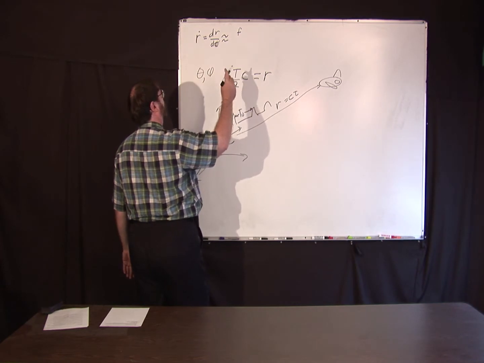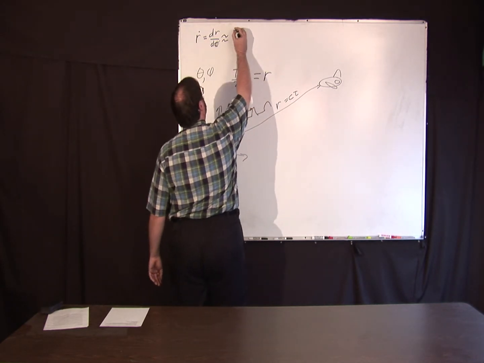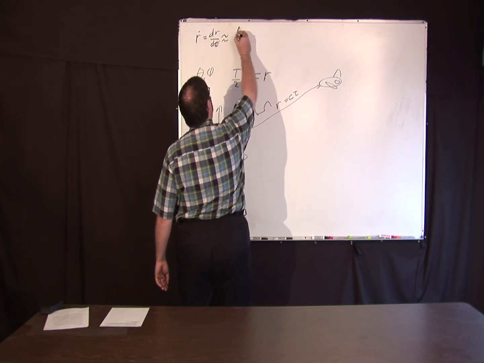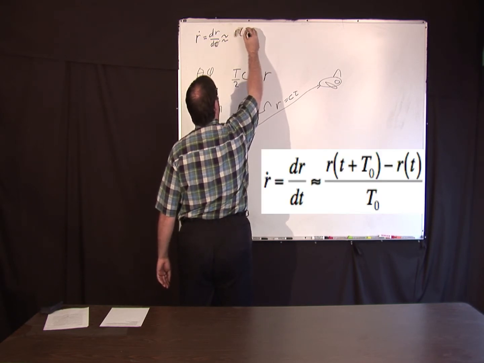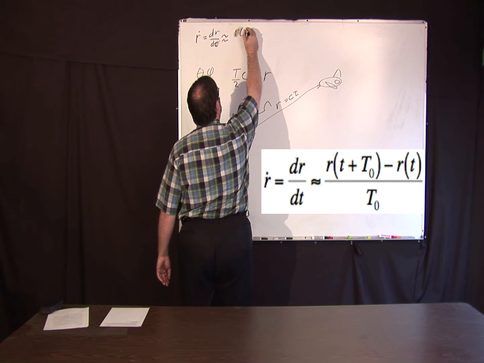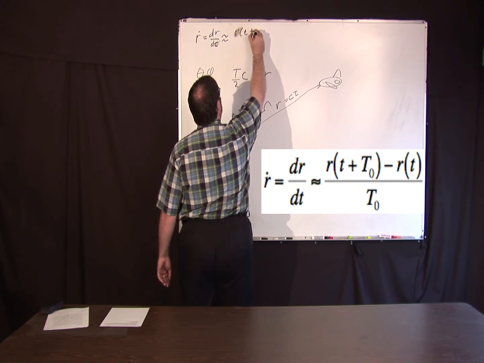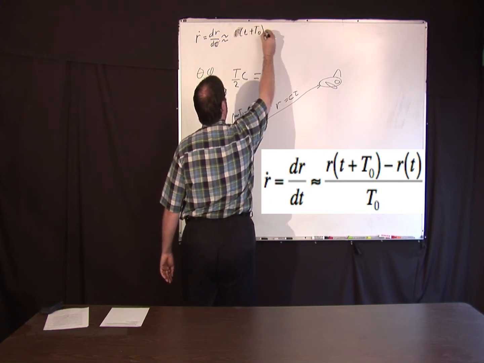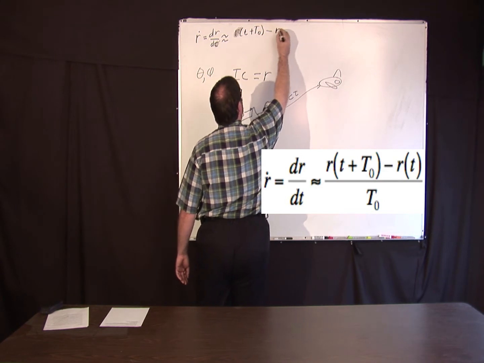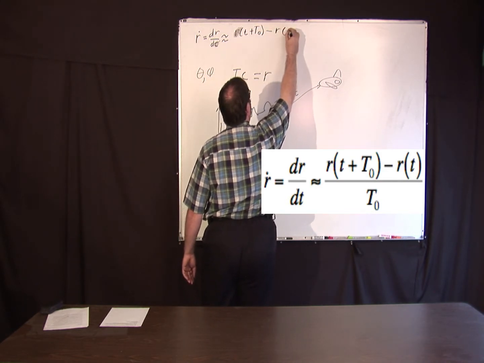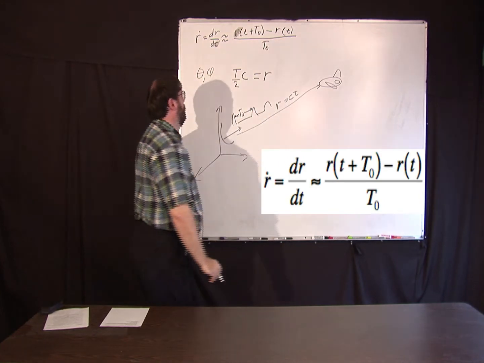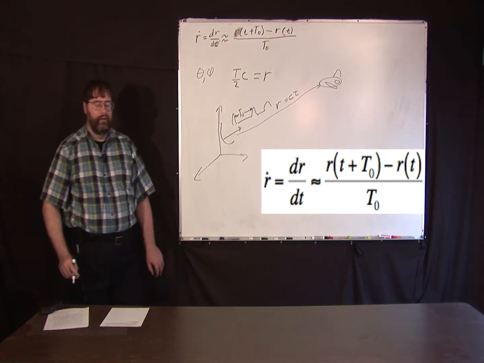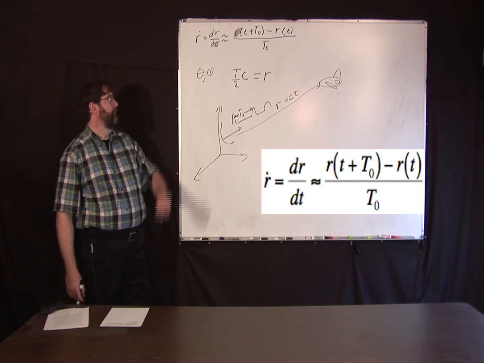So the radial velocity is going to be approximated, for some time t, by the range at a future time, one period later, minus r of t, over t0. This is one way you can estimate velocity from range.